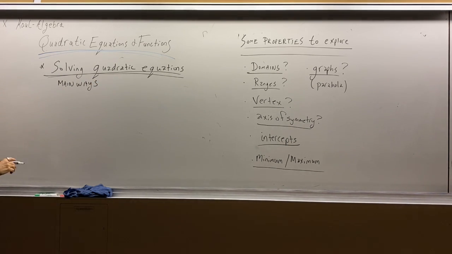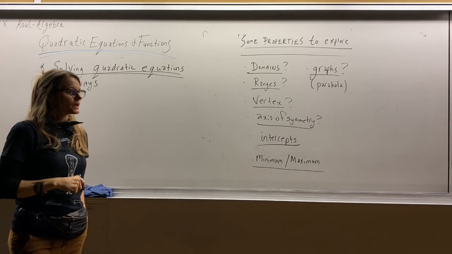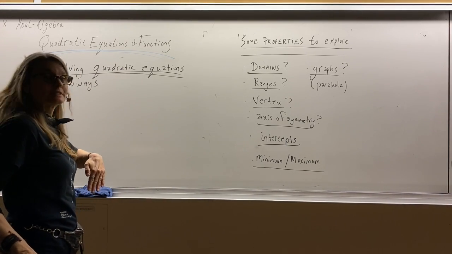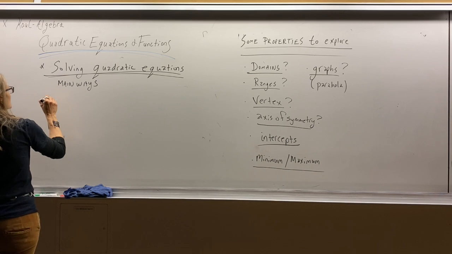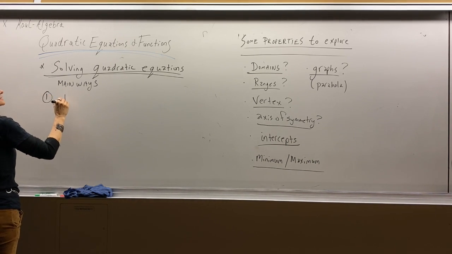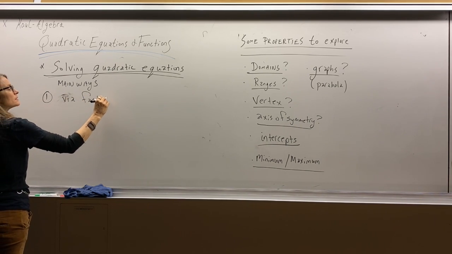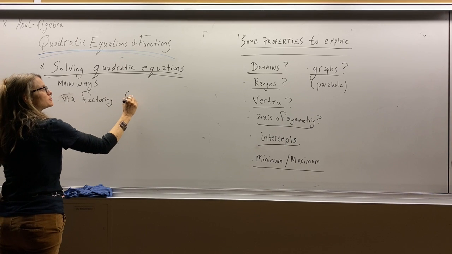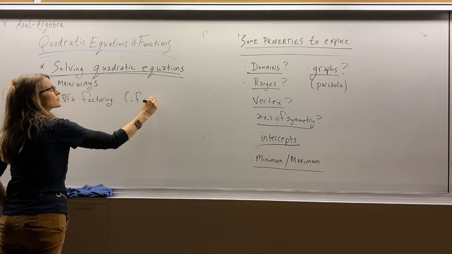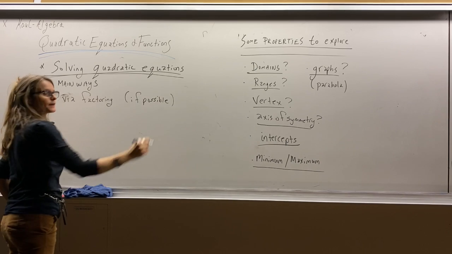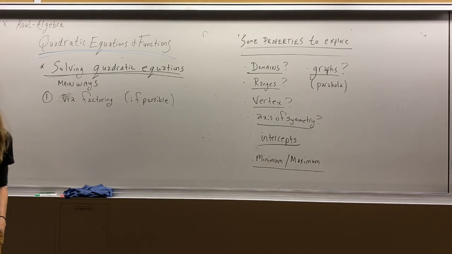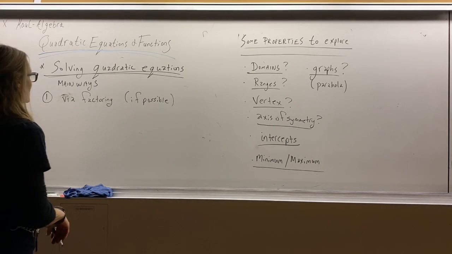Now I'll go in increasing order of difficulty. So the easiest way to solve, if you can, is by factoring, if it's possible. So previously, if you couldn't factor something, you'd say non-factorable, or you couldn't solve it, and we'd be stuck.